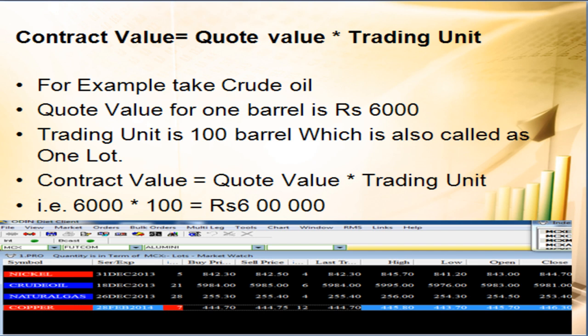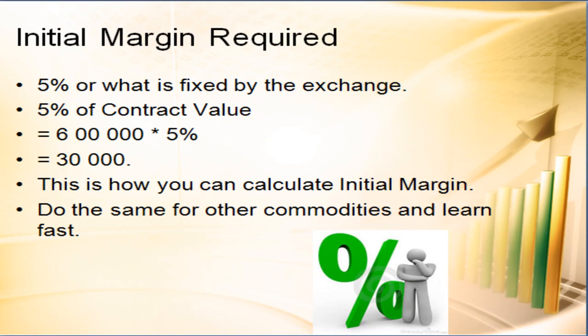As I told you earlier, in order to find the margin requirement for a particular contract, we need the contract value. Let us see how we can calculate the margin requirement for crude oil. As I told earlier, margin requirements are a part of the contract value. In the contract specification, we saw the margin requirement for crude oil as 5%. It may vary based upon the price volatility.